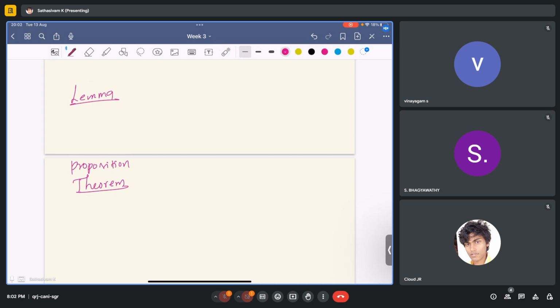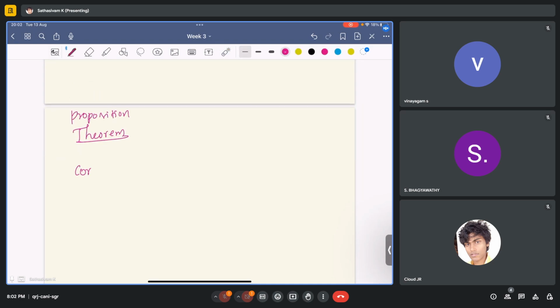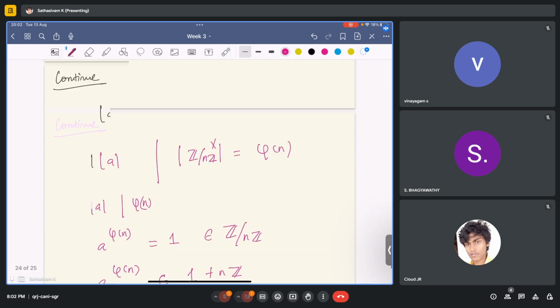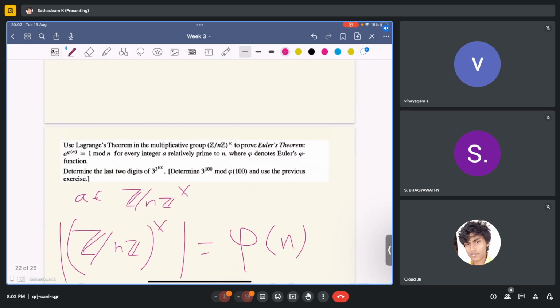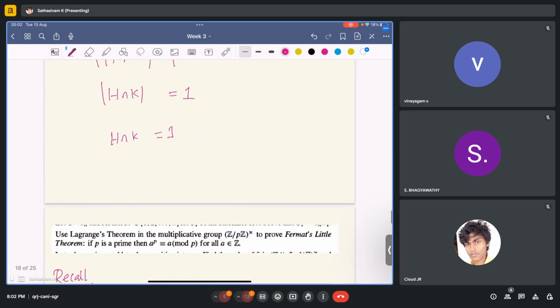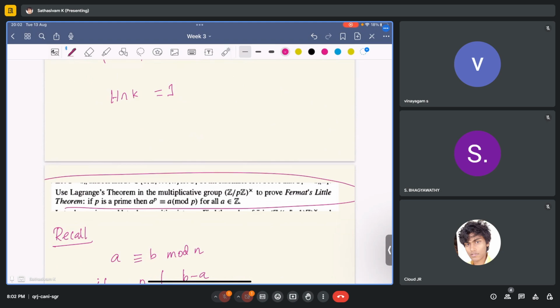A corollary is a consequence of a theorem. Something that comes as an immediate consequence of a theorem, we call a corollary. Now if you look at these two statements, Euler's theorem and Fermat's theorem, by themselves they are theorems, because they are very useful, and they were hard theorems when they were proved in the earlier stage.